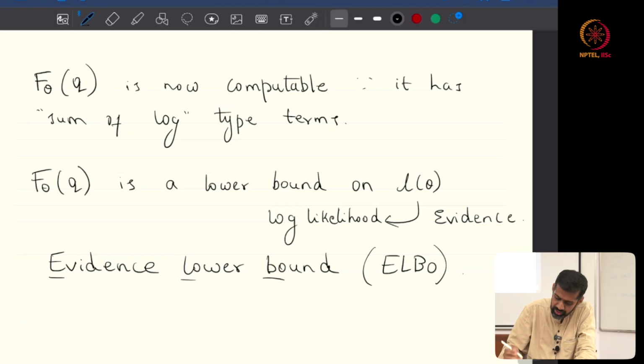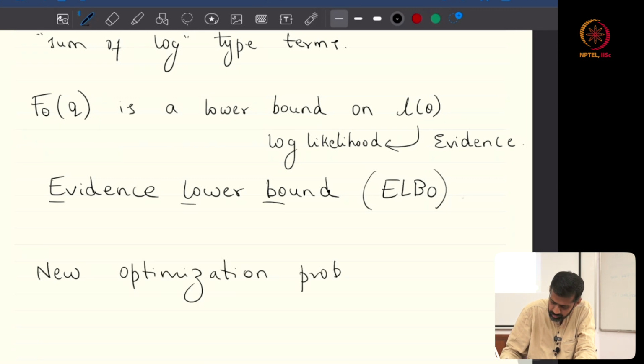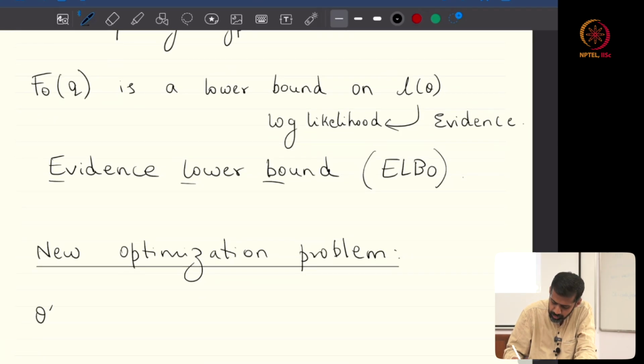Now the new optimization problem that we have is this. Originally we had to find theta that would maximize the likelihood.